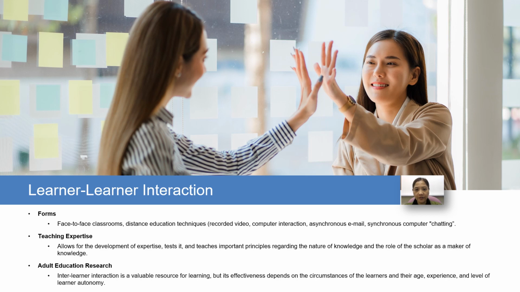In this type of interaction, teaching expertise is provided, which allows for the development of expertise, testing it, and teaching important principles regarding the nature of knowledge and the role of the scholar as a maker of knowledge. Adult education research suggests that inter-learner interaction is a valuable resource for learning, but its effectiveness depends on the circumstances of the learner and their level of autonomy.